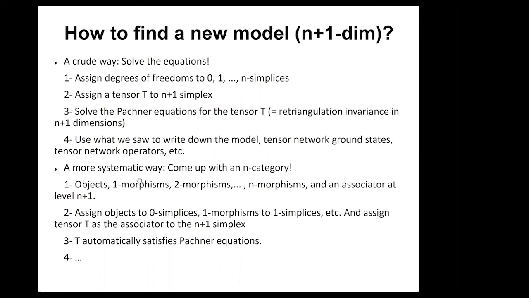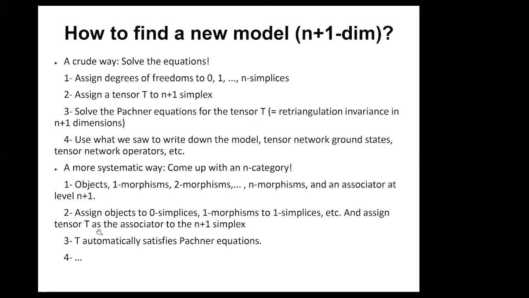And a more systematic way, which I think is what has been shown in the talk by Niels, you can come up with an N-category. So you have your objects, 1-morphisms, 2-morphisms, and up to N-morphisms. These are like simple labels in my mind or in this framework. And then you find an associator at the level N+1.